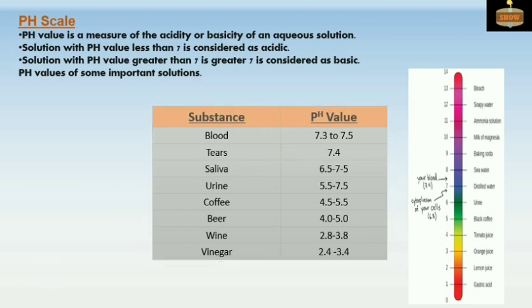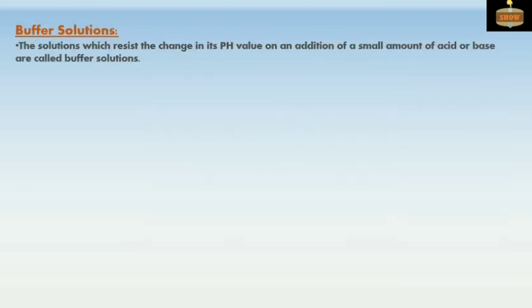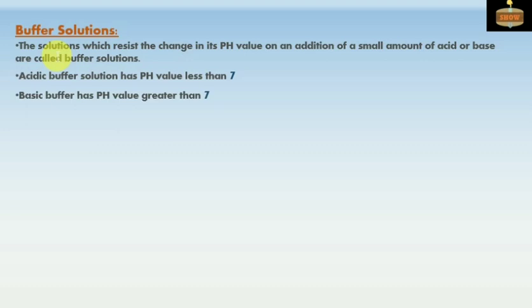Now we will see buffer solutions. A buffer solution is a solution that resists the change in its pH value on the addition of a small amount of acid or base. An acidic buffer solution has a pH value less than 7, while for a basic buffer the pH value will be greater than 7.